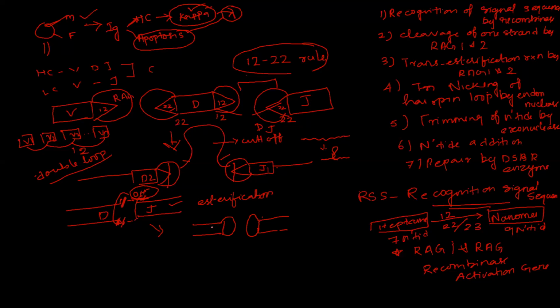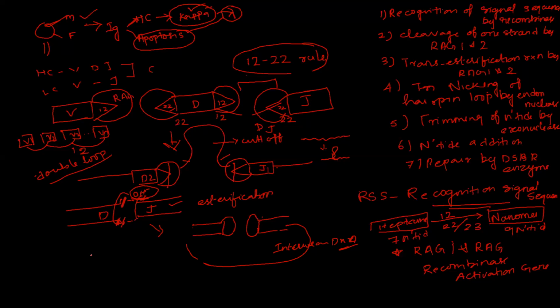Now, the rest of the DNA which is present in between is known as the intervening DNA. So this is how it happens, and this gets removed.